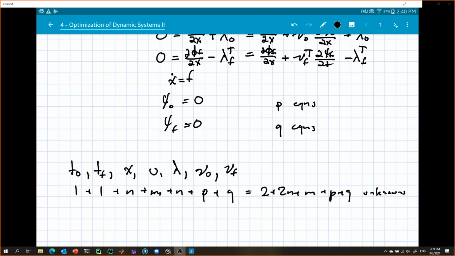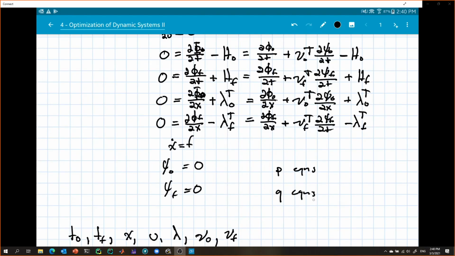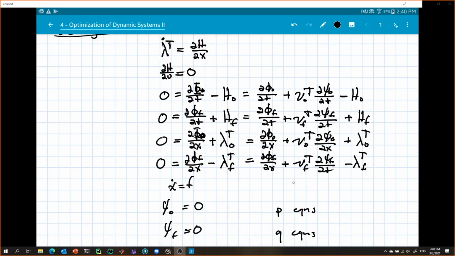So what do we have? We have p and q equations here and here. Here we have n differential equations, which then we need n algebraic equations for, which are gotten here. Right, so this is n, I'm running out of space, but these are n algebraic equations.